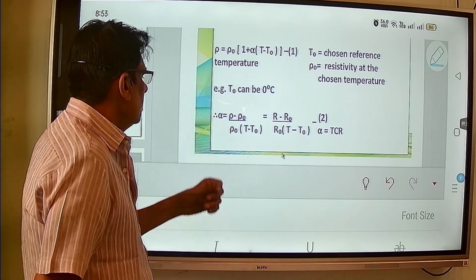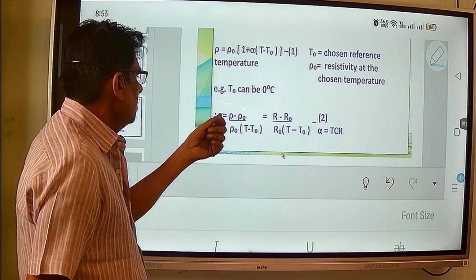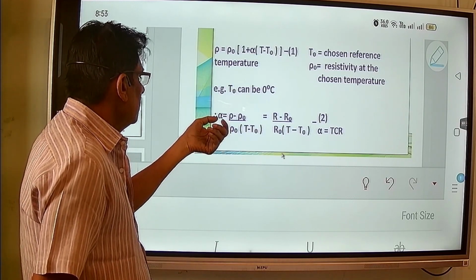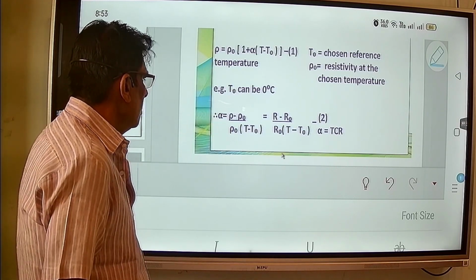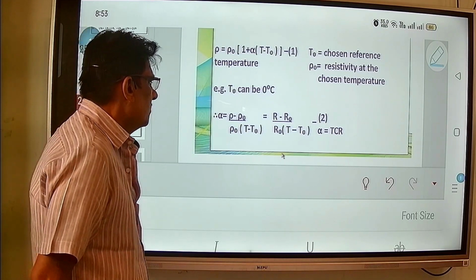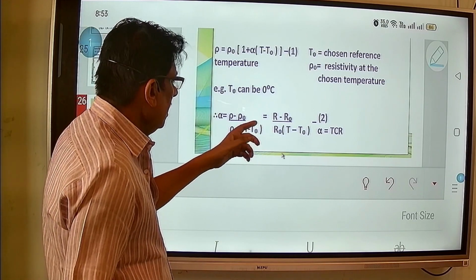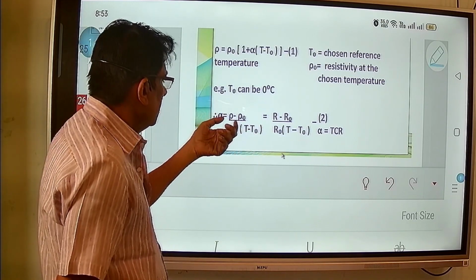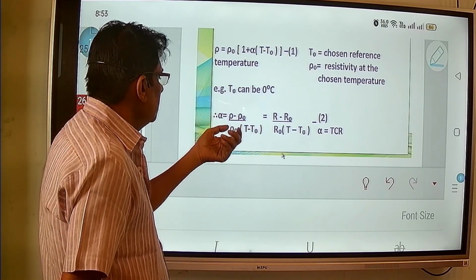This is called the resistivity equation, and alpha is called the temperature coefficient of resistance. Now I have written it in the form of specific resistance.